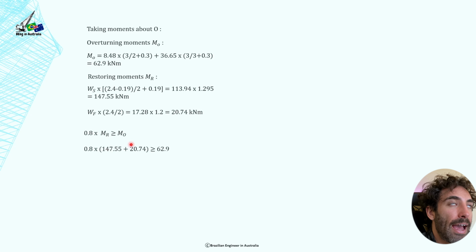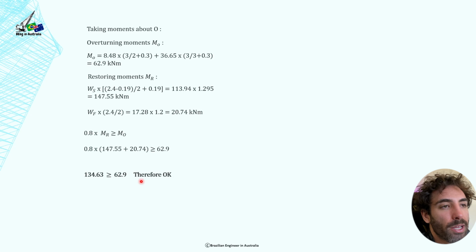So 0.8 times 147.55 plus 20.74 needs to be greater than 62.9, and we can see that these numbers are way larger than the overturning moment. So we're happy with that.